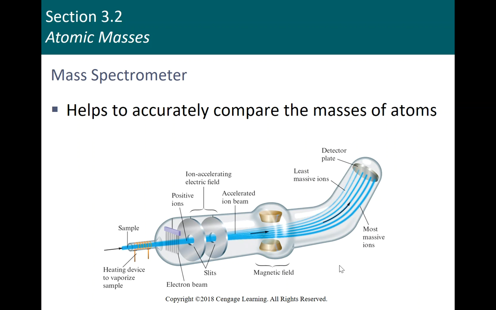The next few slides are going to talk through this in words, but what you do is you pass a sample into this chamber. Electrons are knocked off, and the sample is forced to be positive ions. The positive ions go through a magnetic field, and the lighter ones bend more than the heavier ones.